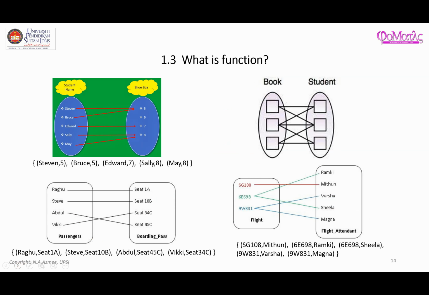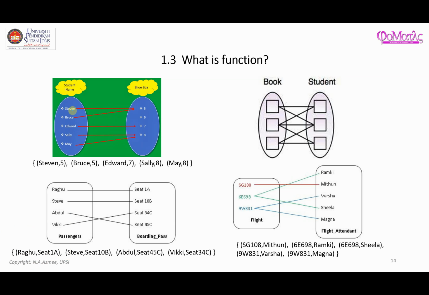So these are the idea of mapping. You have two sets and you map one set to another set. As an example, in a particular class, these are the names of the students, and these students are asked what their shoe size is.